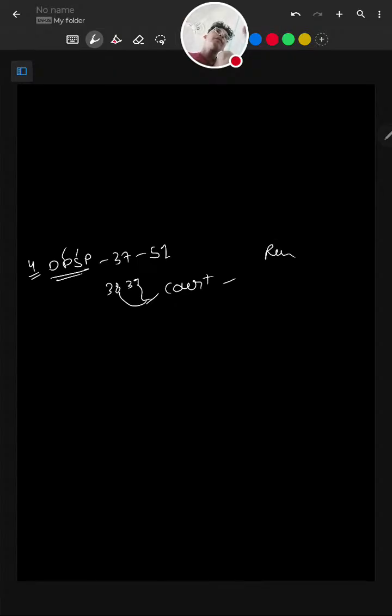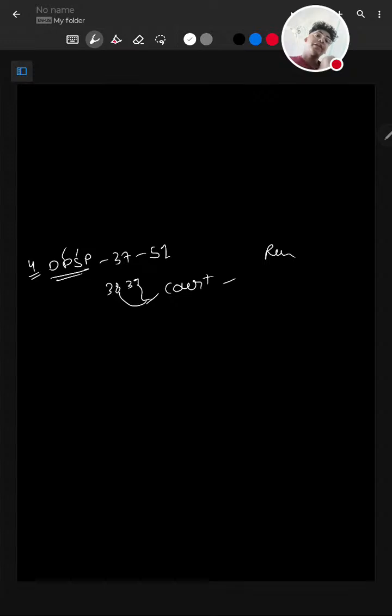So if you are not employed, you cannot just go to the court and say, you are not giving my right. So the Directive Principles of State Policy are not enforceable in the court.